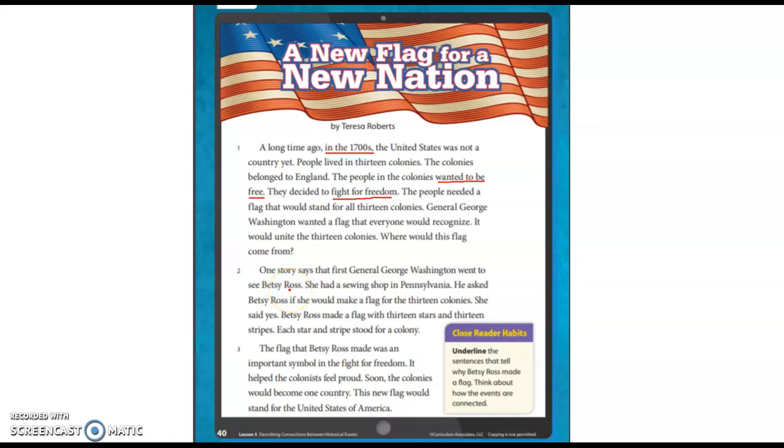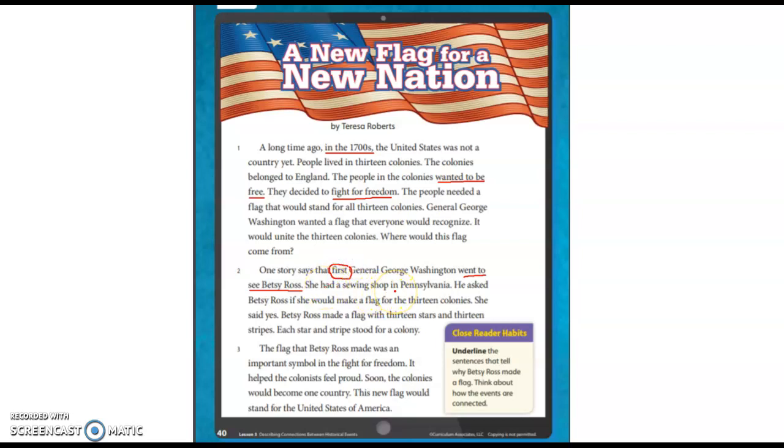So what did George Washington do first? He went to see Betsy Ross. So what did he do first? Went to see Betsy Ross.